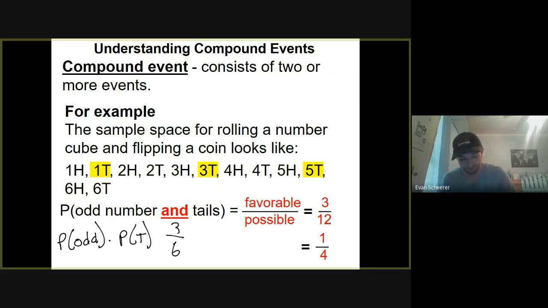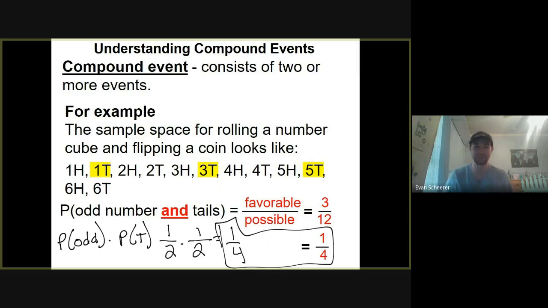But 3 of them are odd. So I'm going to cancel that out because that can simplify to 1/2. So you have a 1/2 chance. What's the probability of flipping tails? Well, you have heads and tails. You have 2 options, but only one of them is tails. Well, 1/2 times 1/2 is 1/4. And notice you have the same answer.